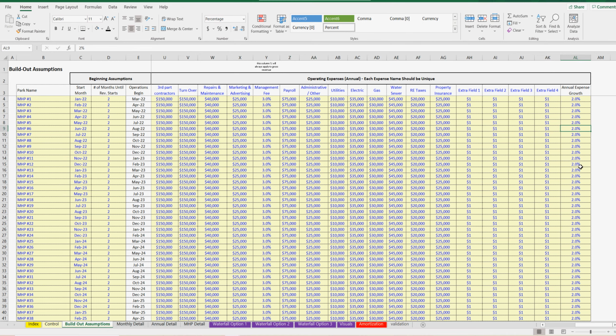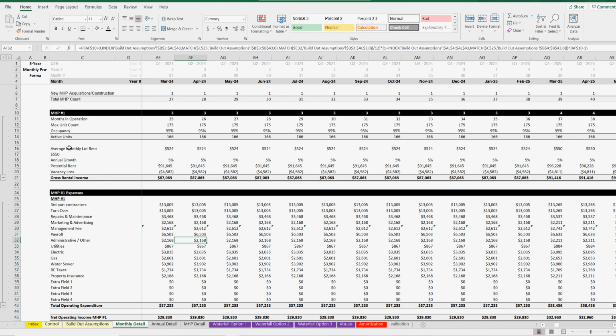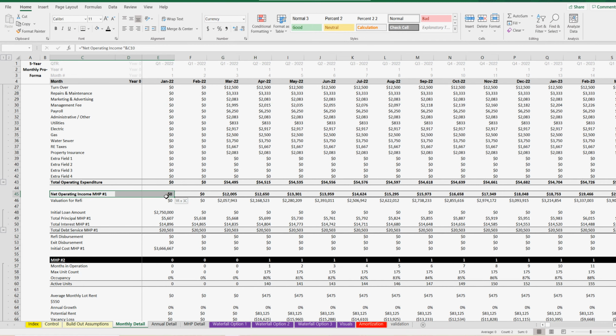Then the rest of these you can define however. So you're essentially defining the drivers for revenues and expenses, and then net operating income will be derived. There is an expense growth for each of these, which can be any percentage. After you've put in all that stuff for however many parks you have, you can see the monthly detail has literally a P&L for all 40 properties.